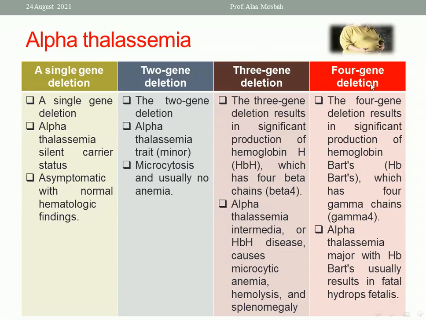Let us go to the severest form, which is the 4 gene deletion. The 4 gene deletion results in significant production of hemoglobin Barts, which has 4 gamma chains. This alpha thalassemia with hemoglobin Barts usually results in hydrops fetalis, so it is incompatible with life.